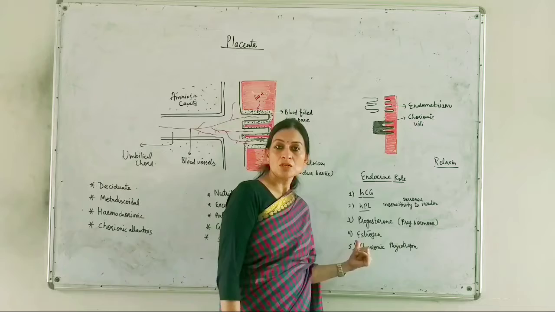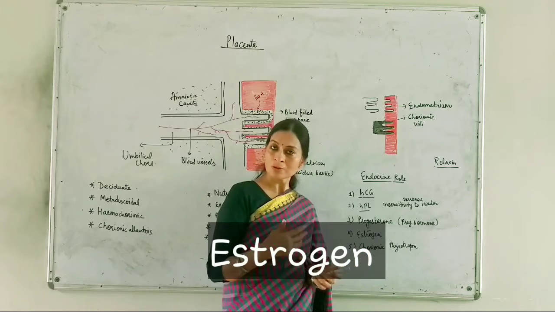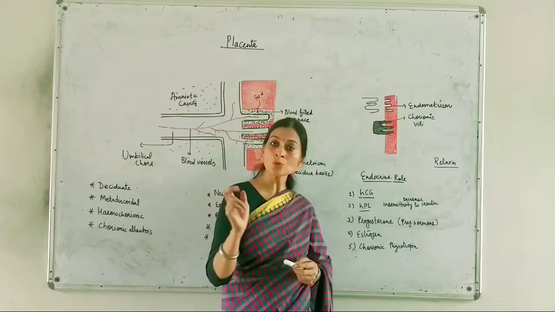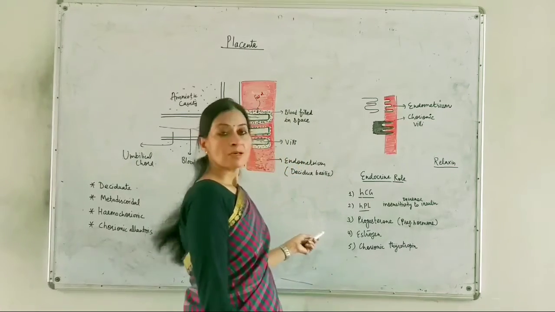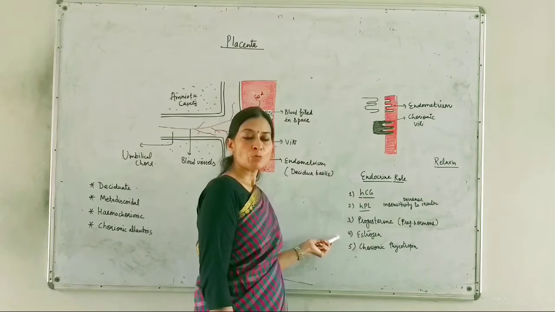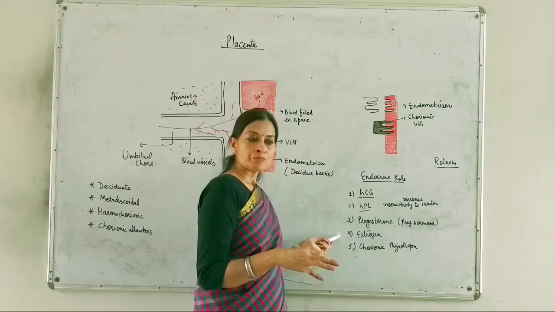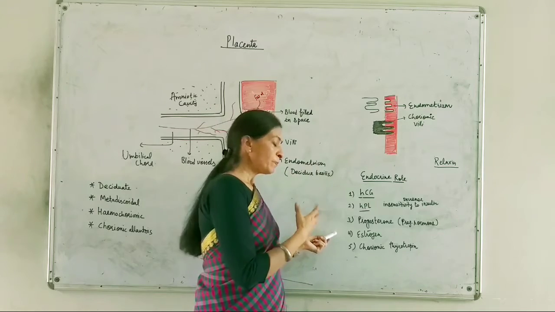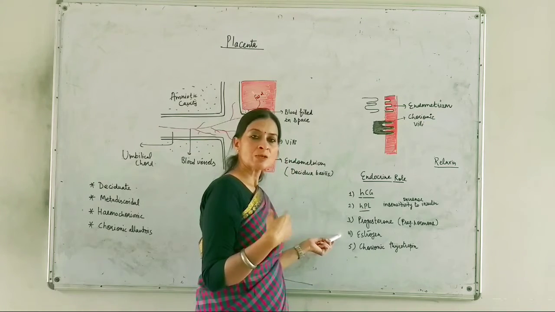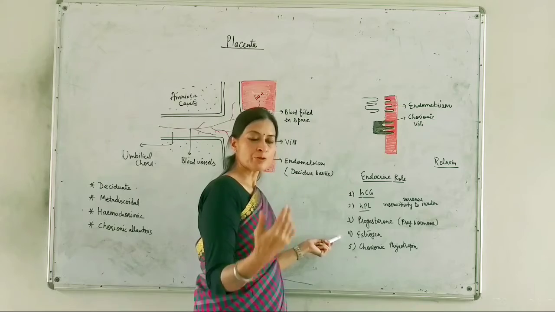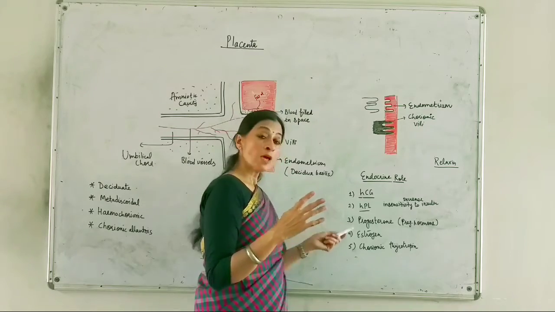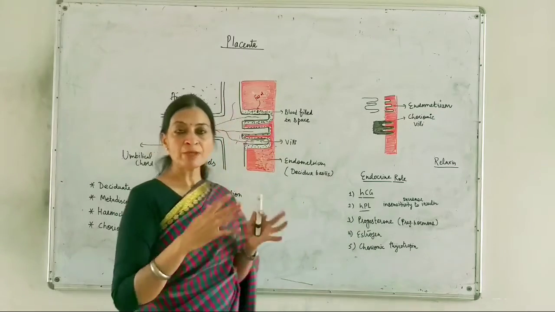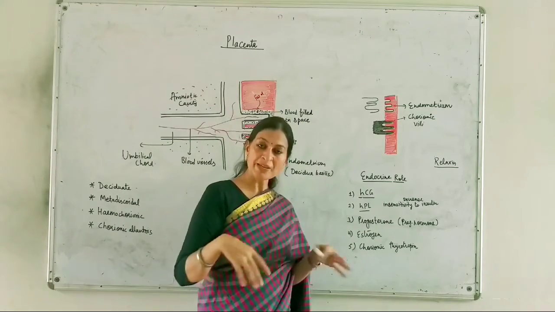And then the estrogen. Estrogen, we have previously heard, is released from the follicular cell in the ovary, but here placenta is also going to release this hormone so that size of external genitalia can be increased. They are preparing the female reproductive system for the parturition process, and it is also helping enlargement of the uterus size so that the developing fetus can be accommodated in that space properly.